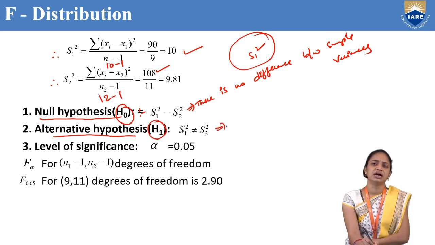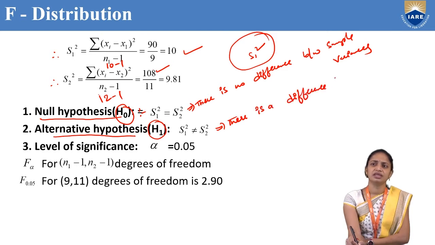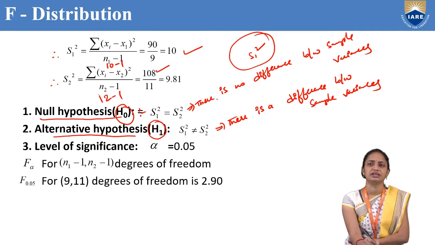That means there is a difference between sample variances. In the null hypothesis, I have taken that there is no difference between the sample variances, but in the alternative hypothesis, there is a difference between sample variances.